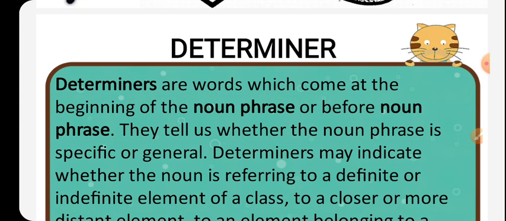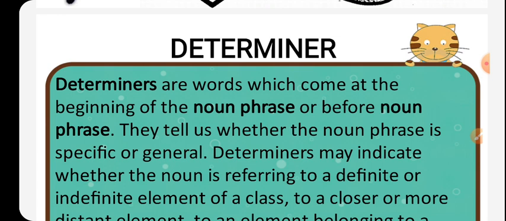Determiners always come in the beginning. They never follow a noun. Determiners tell us whether the noun phrase is specific or general. Sorry to use the word describe.